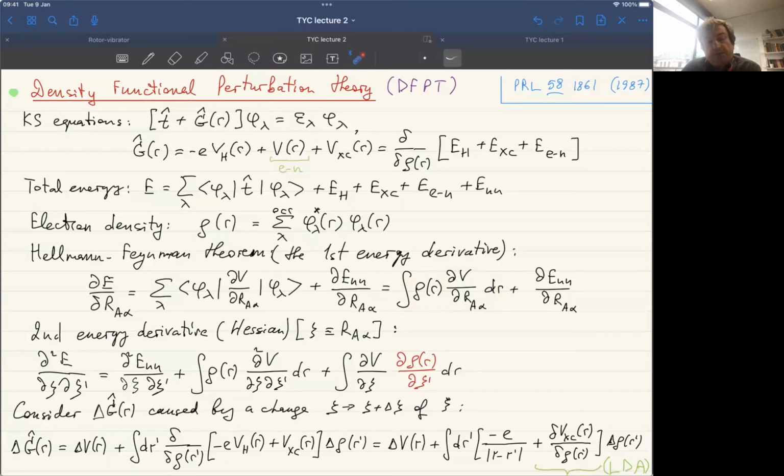So at that point, it's clear that atomic forces, which is just minus these derivatives, can actually be calculated, given that the Kohn-Sham problem is relaxed, is self-consistently converged, and you have access to the Kohn-Sham states and electronic density. Therefore, you can work out these two terms very easily.